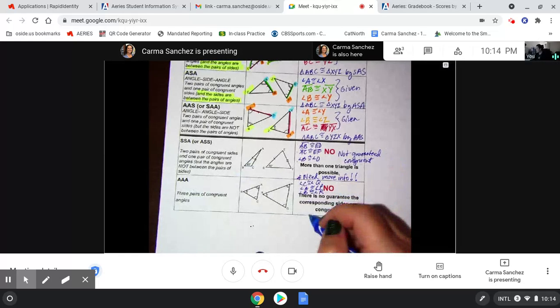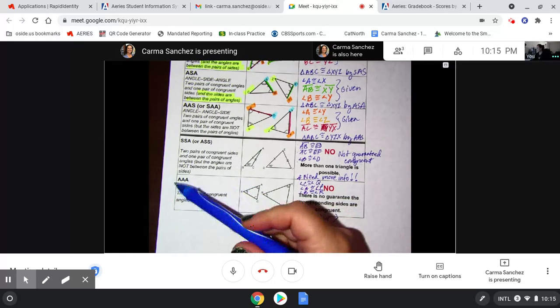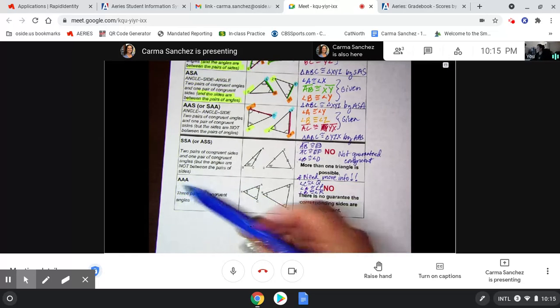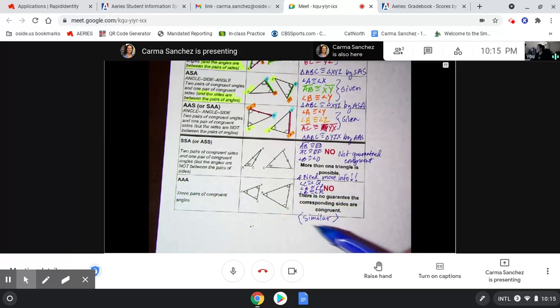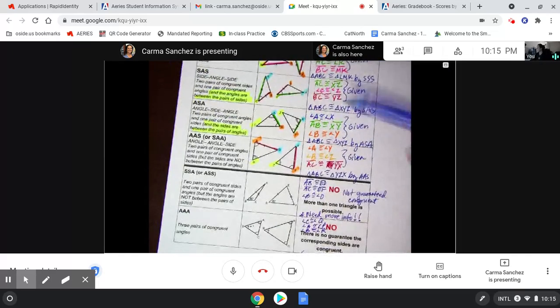So we know that these are not enough for congruency, but ding, ding, ding, ding. It is going to be this new thing called similar that we learn next week. So just a little hint, this happens later. It means similar, just not congruent. So keep in mind, these are our no's and these are our yeses, okay?